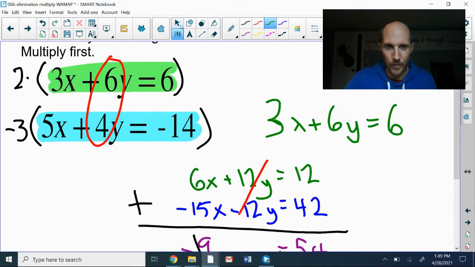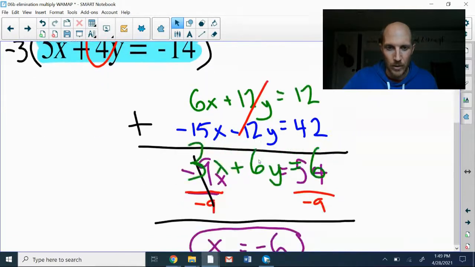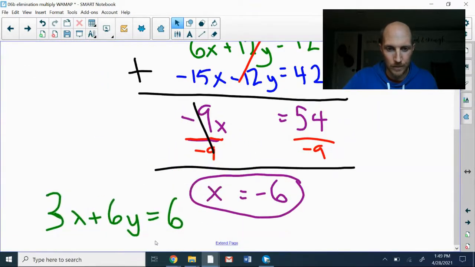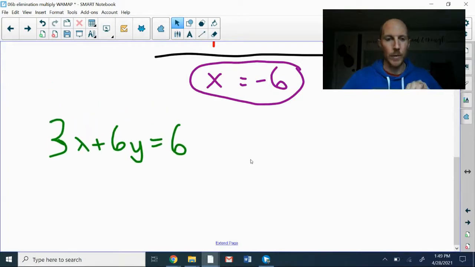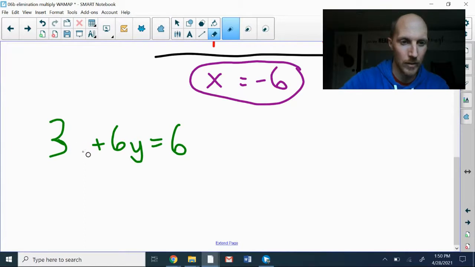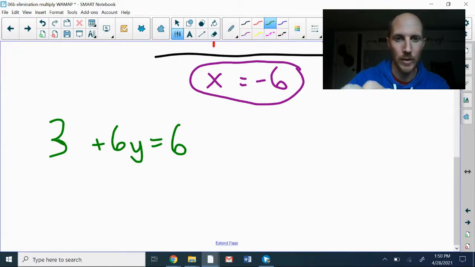It's not really written very well, but I'm about to erase that x anyway. So let's carry that down here. Okay, so I'm going to substitute negative 6 into the x spot. We'll get rid of that. It was a badly written x anyway. Multiplying by negative 6.